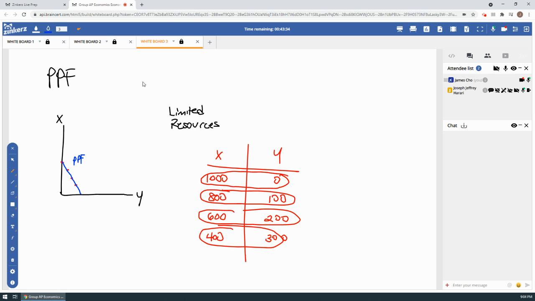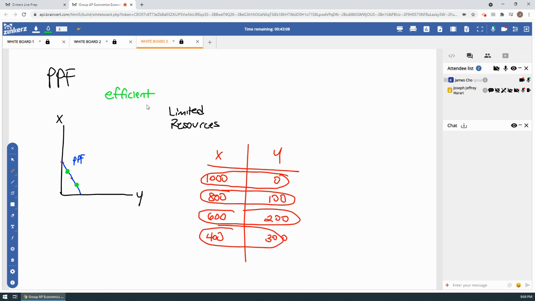Okay. A couple of the lessons we learned from this PPF. First off, anything on your PPF curve, like this combination of x and y, or this combination of x and y, they're both equally efficient. Efficient means none of your resources went to waste.